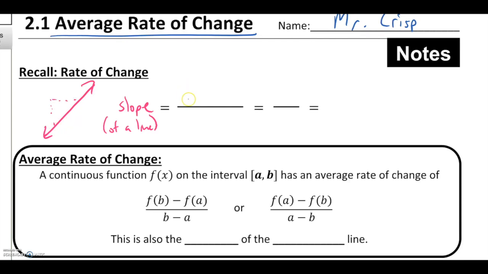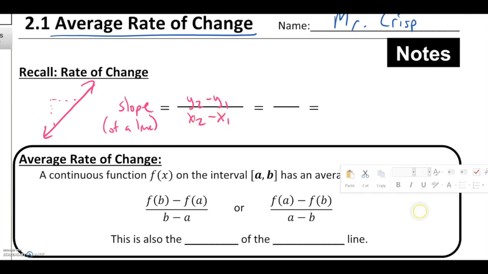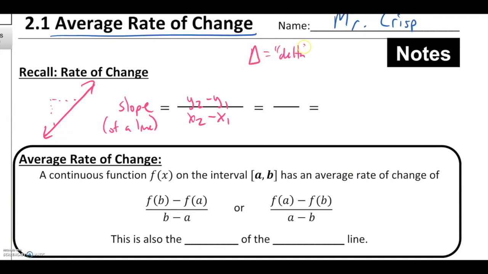We've even had a nice handy formula for it: y2 minus y1 over x2 minus x1. Or, using the Greek letter delta to describe change, a change in y over change in x. And we've always abbreviated that with a nice lowercase m.